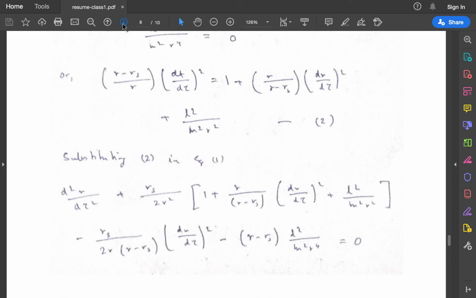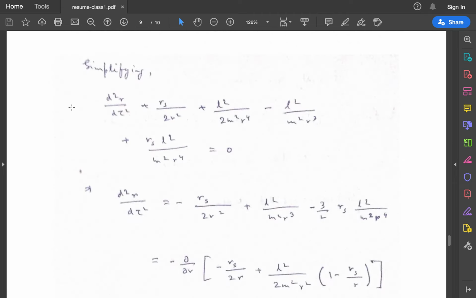Do it yourself. If I do this calculation, you will see that only these 4 terms remain: d square r by d tau square plus rs by twice r square plus l square by twice m square r to the power 4 minus l square by m square r cube plus rs by l square by m square r to the 4 equal to 0.